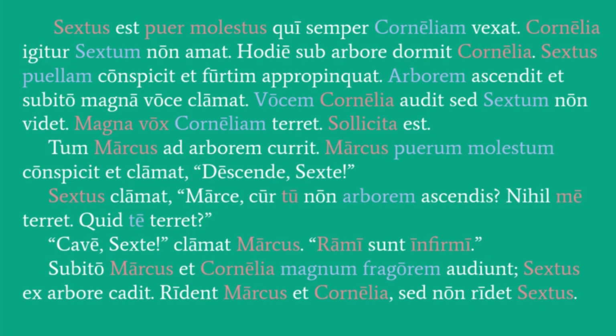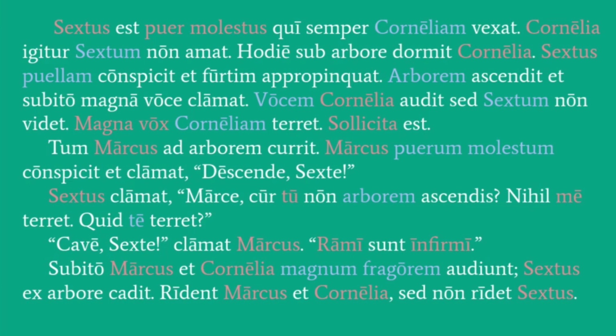This sentence is good because, again, it's showing you that the word order isn't the important thing here. It's not as important as you might imagine. The subject is Marcus et Cornelia. They both end in nominative singular endings. So Marcus and Cornelia are laughing, rident, right? And again, notice how rident ends in an NT because, even though Marcus is one person and Cornelia is one person, together they're making a plural subject.